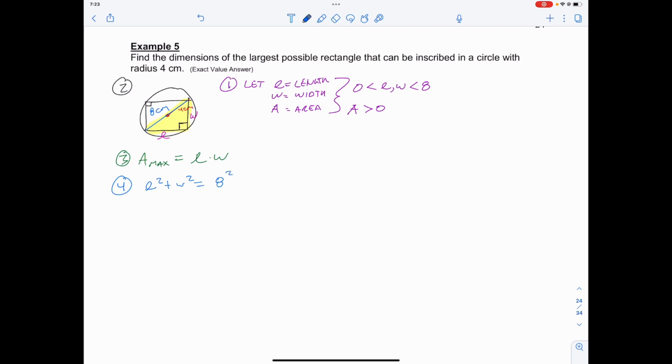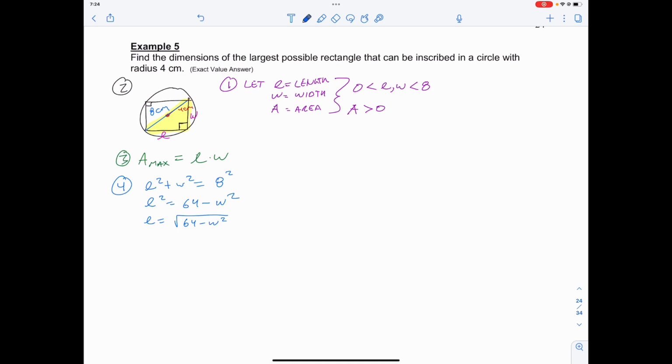Yes, 8 is also the diameter of the circle. Which means that the length squared is going to equal 8 squared, or 64, minus the width squared, which means that the length is going to equal the square root of 64 minus the width squared.